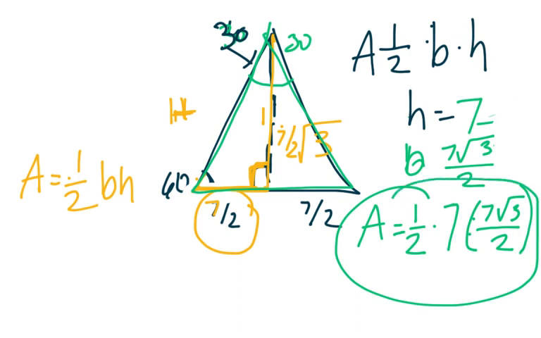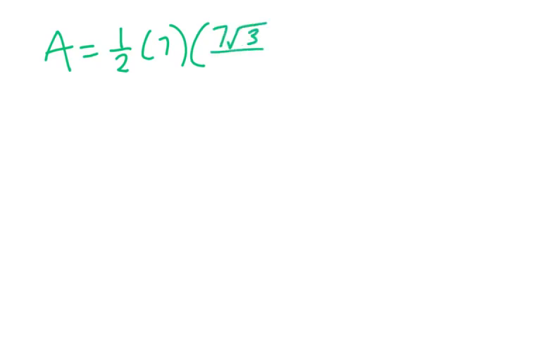Now we have to break it down. Remember, we're still on our one triangle. Area equals our half, 7, which is our base, and the height that we determined, 7 square root of 3 over 2.